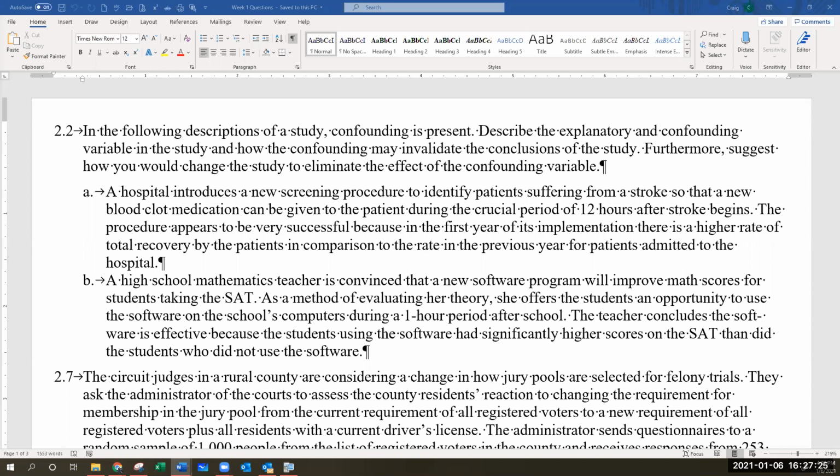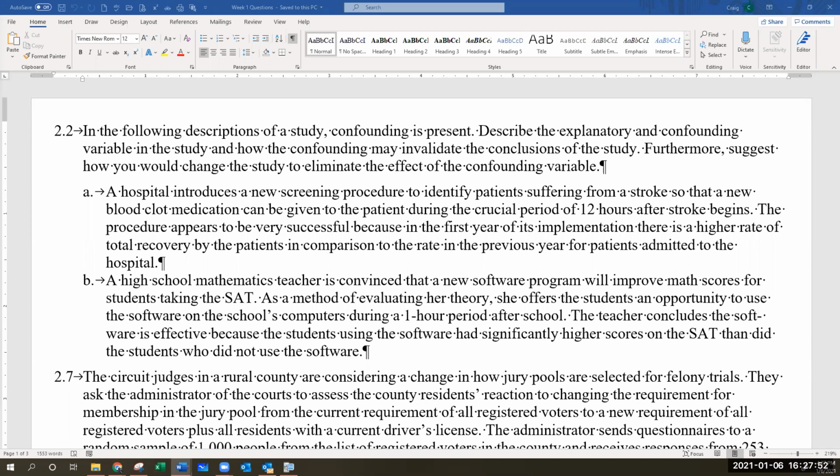So in that random selection, you're going to get some high performing students and some low performing students that are going to use the software. And you're also going to get some high performing students and low performing students who don't use the software. So motivation gets taken out of it, right? And you're going to have some students that are strong in math skills use the software, and some who are weak, and same in the other group.